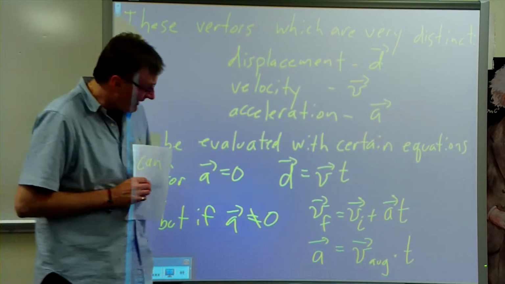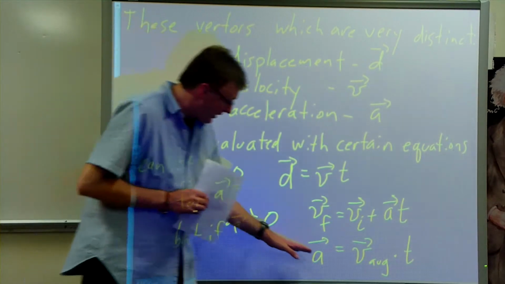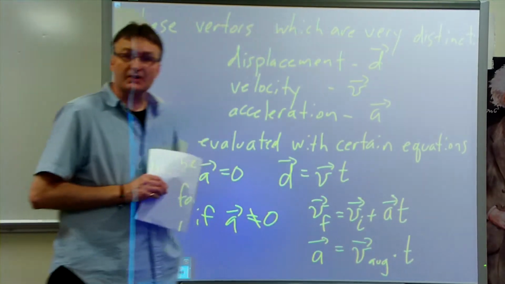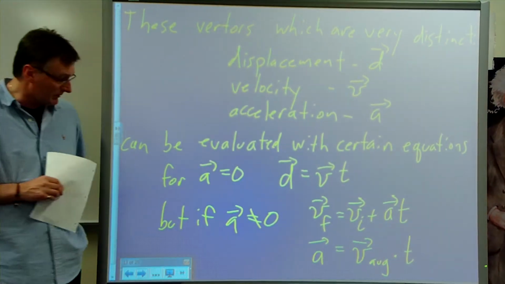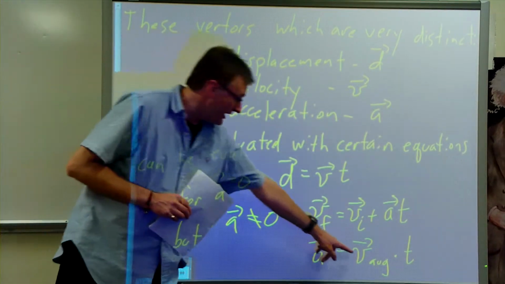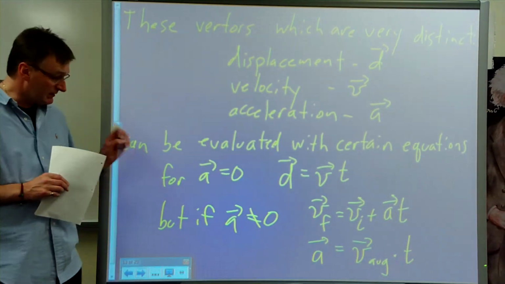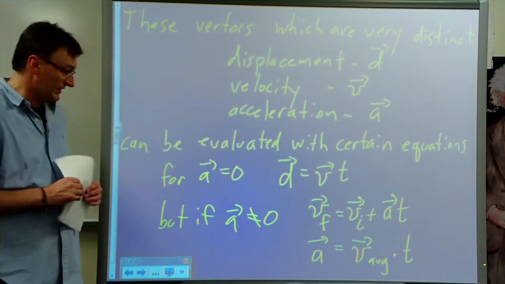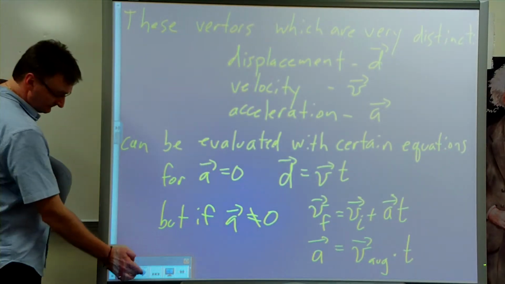Also, the displacement will be the average velocity times the time. That's another equation that we can work with, and we've dealt with average velocity before. If you need to refresh yourself on average velocity, you can look back in your notes and find that there.